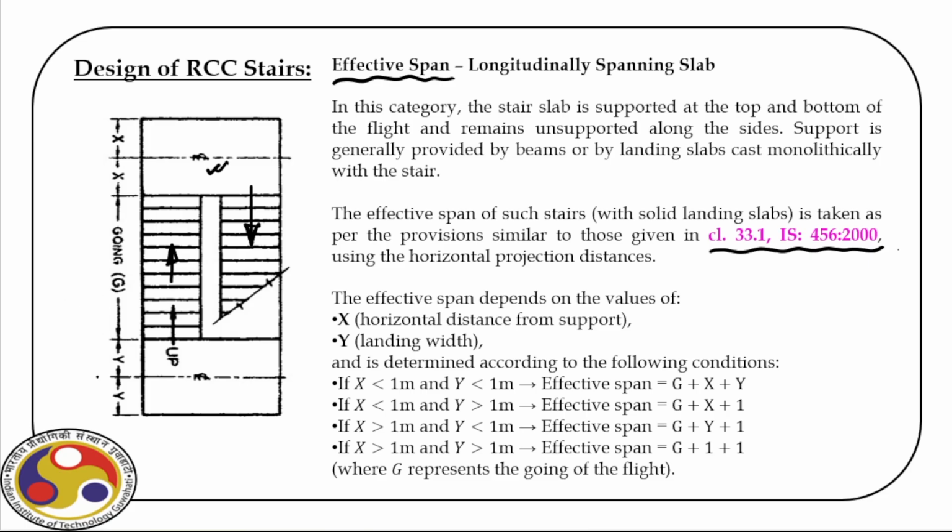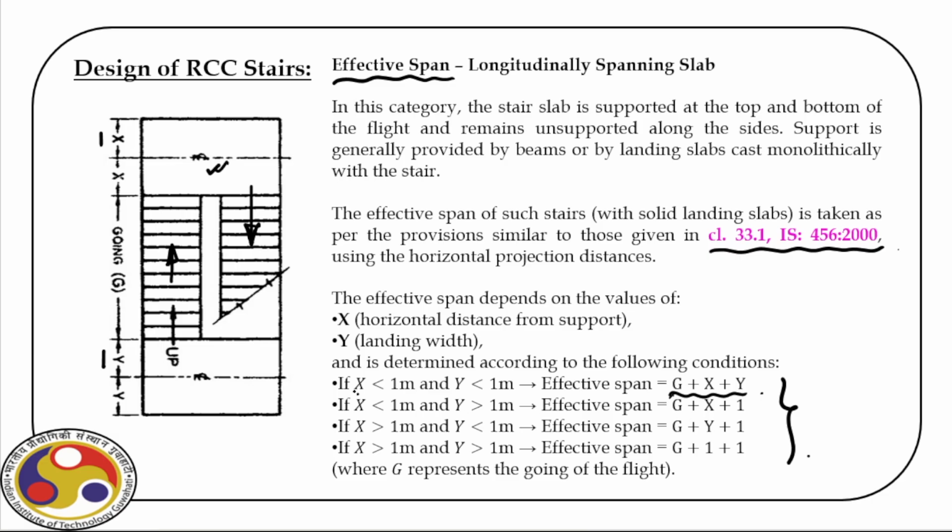So you can see the geometry and you can identify X and Y, and accordingly you can calculate the horizontal effective span. These are the guidelines given. So effective span, depending upon X and Y and its combination, we can easily evaluate based on these 4 conditions. When we take the example, we will come back to this point.